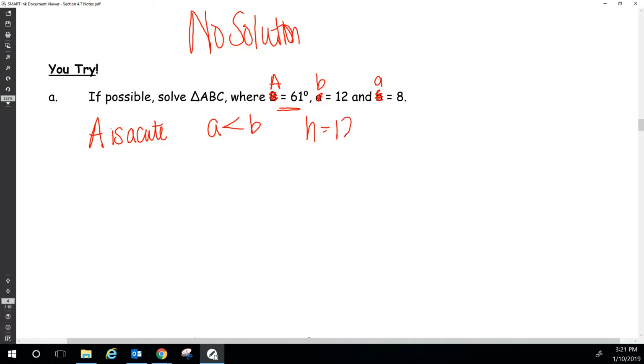So 12 sine 61. And when we pop 12 sine 61 into our calculator, we found out that H is 10.5. So if A is 8 and H is 10.5, A is less than H. If we have an acute angle, A is less than B, A is less than H, no solution.